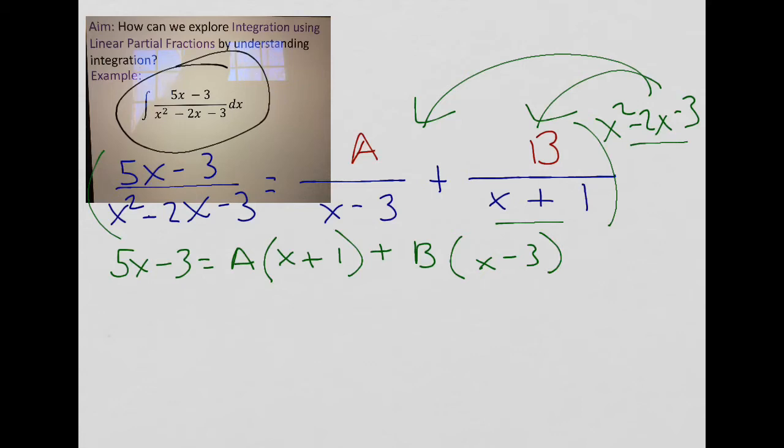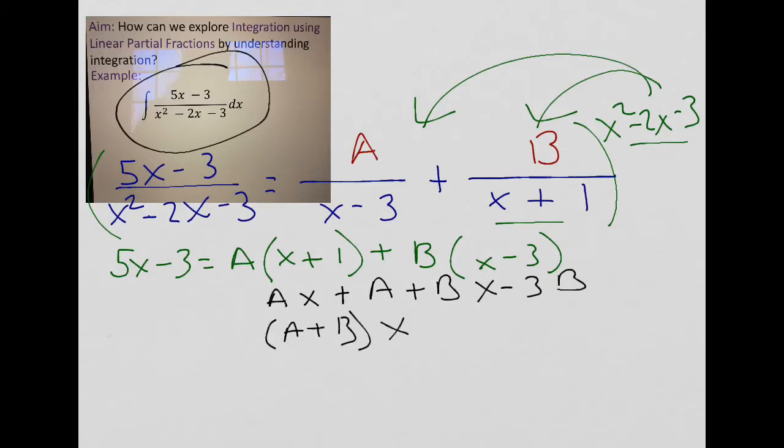Okay, so like I said, there's 2 ways to solve. The first way would be, I would say, match coefficients. So this is Ax plus A plus Bx minus 3B. So A plus B is being multiplied by x, and we know that 5 is being multiplied by x here.